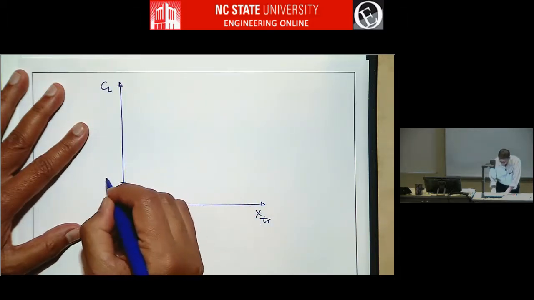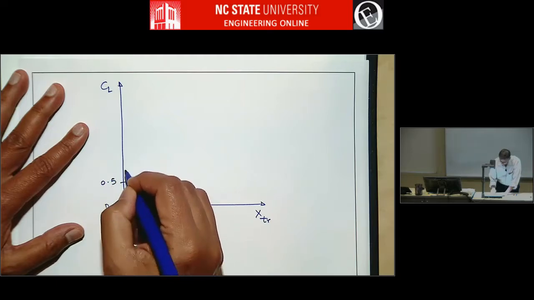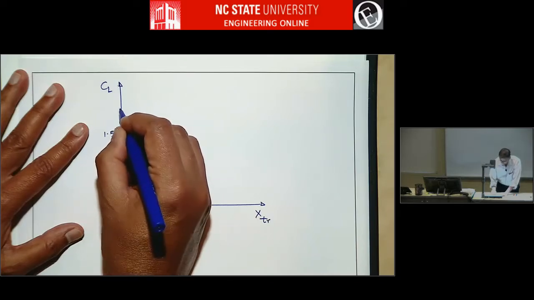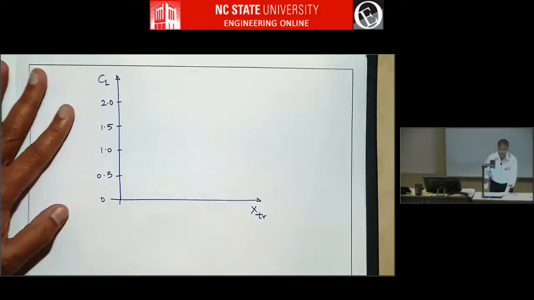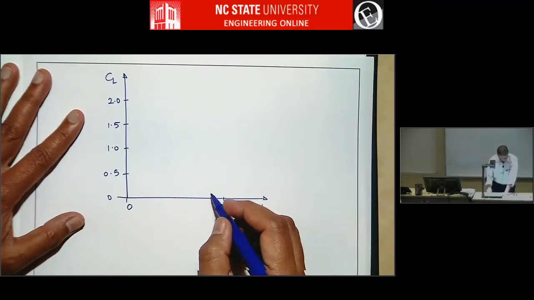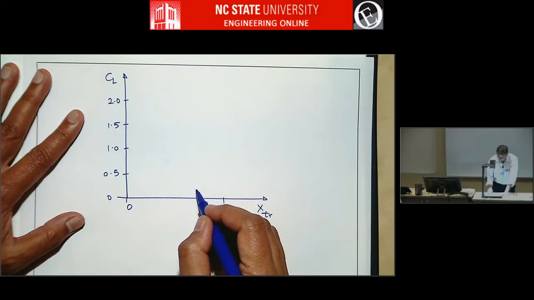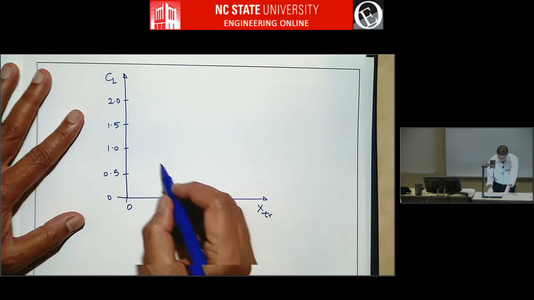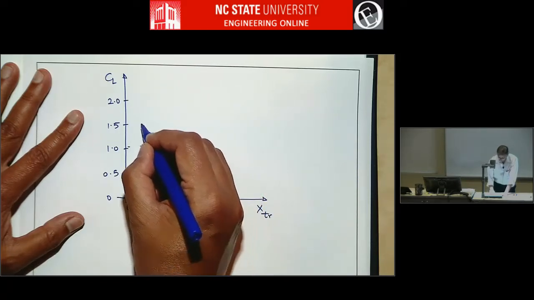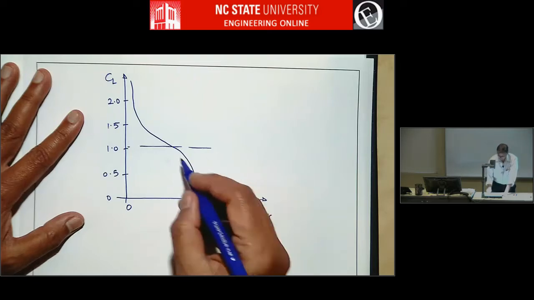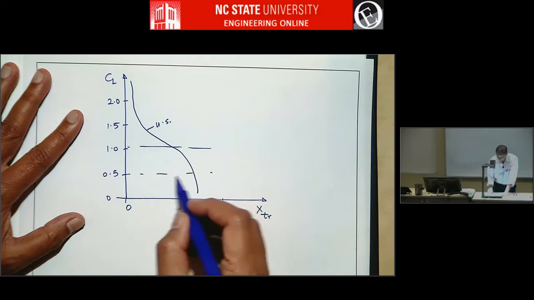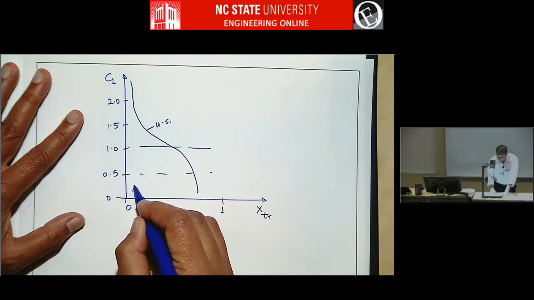Let's say CL goes from zero to 2 in this example. X transition will go from 0 to 1, and you might have a curve that looks like this. And this is the upper surface, and the lower surface curve may look like this.